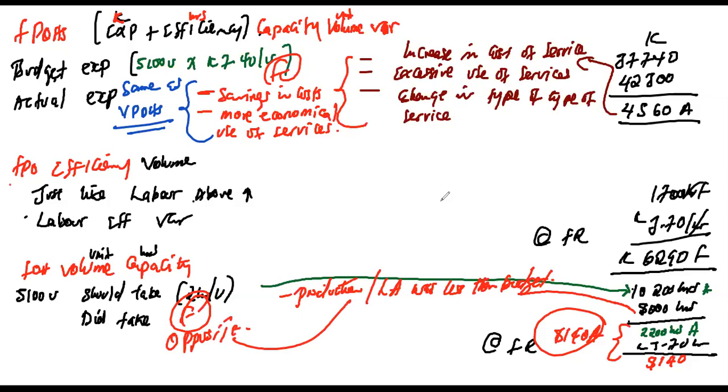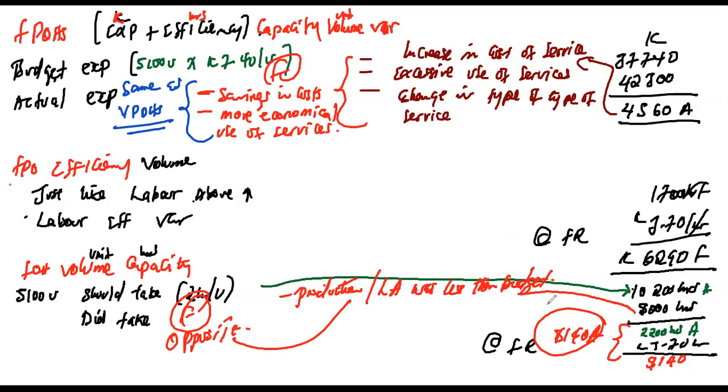Okay, so that's how we worked out those variances. So now we are done with all the variances here. Now we can go to working out our sales volume variances so that we come up with the operating statement.